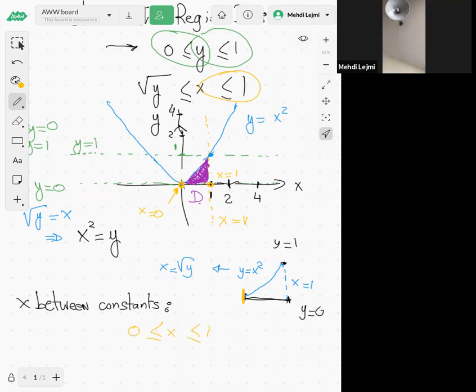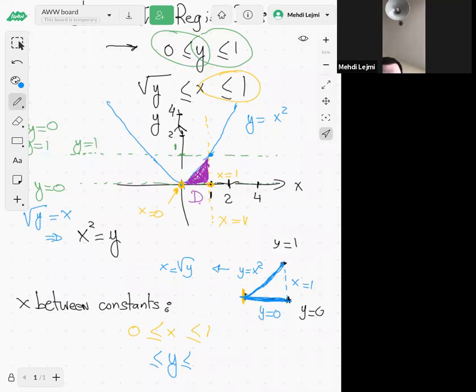All right, and then y. Okay, and then y would be between this. So here in the bottom, this is y equals 0, and this graph here is just y equals x squared.